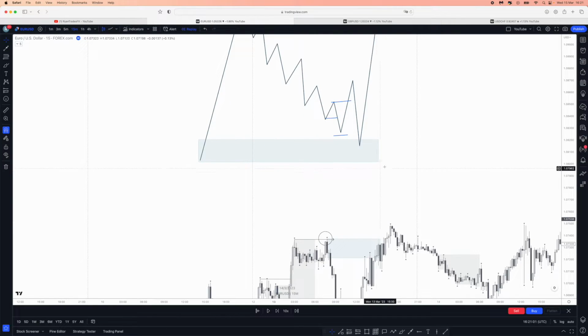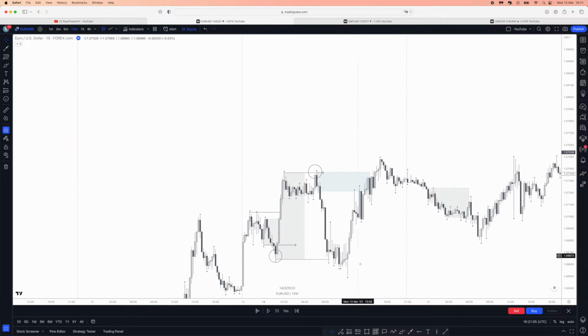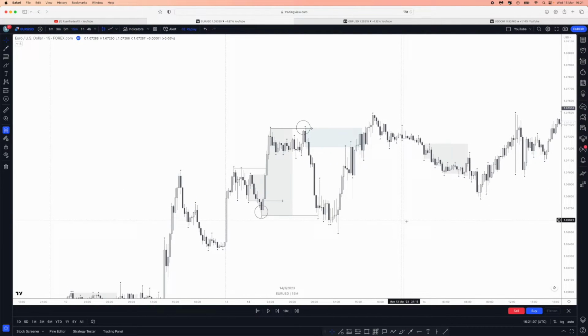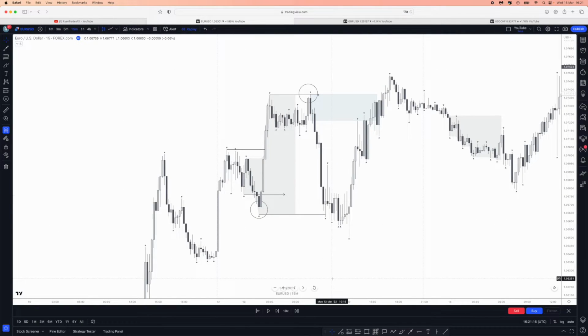So if we come down, if I just go ahead and delete this, we've got a couple of examples right here. What I did mention before is we've got our POI, and it meets all of our confluences. It sweeps this low right here, sweeps this low, and then we break this high right here, which means it has broken structure.